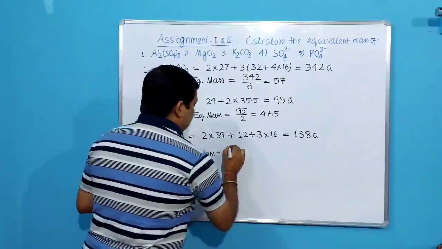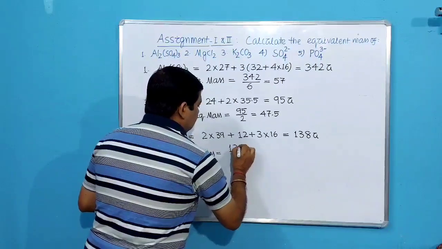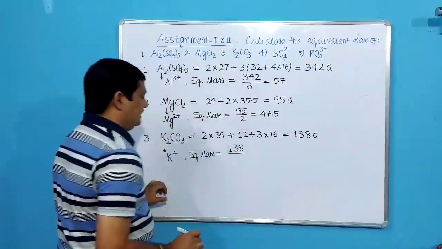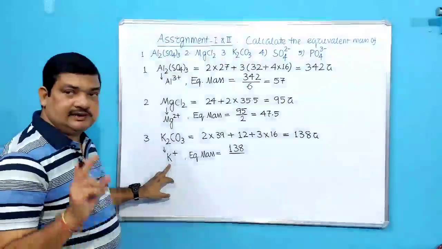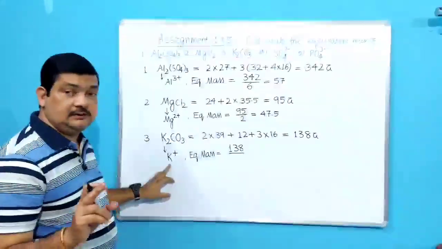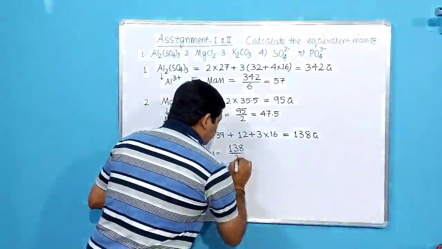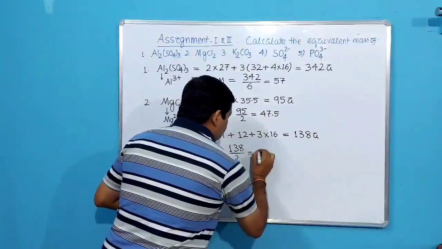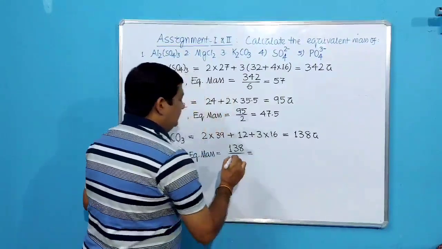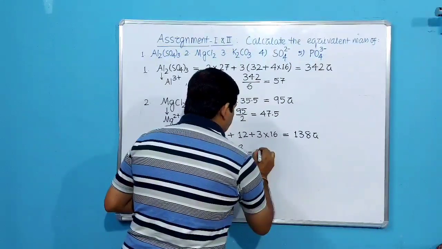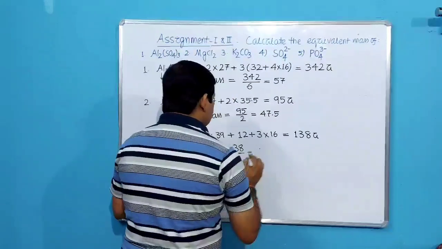Molecular mass, that is 138, divided by total valency of the metal atom. Each potassium atom has valency 1, but there are 2 atoms, so the total valency will be 2. So 138 by 2 is 69.